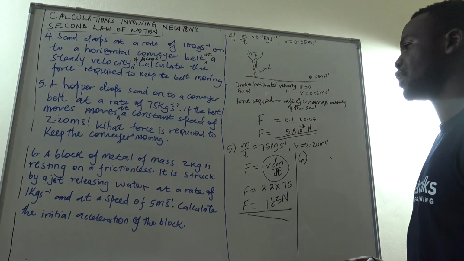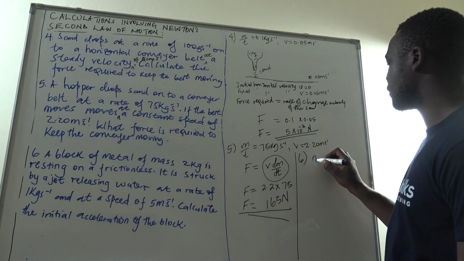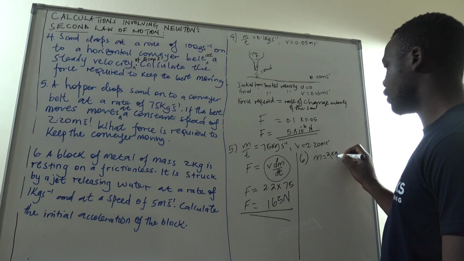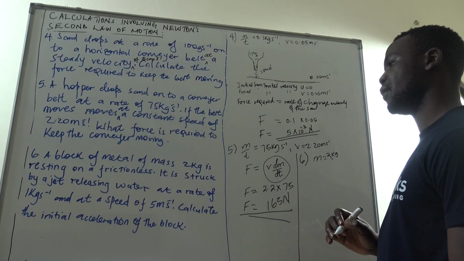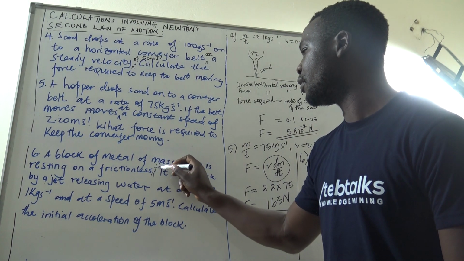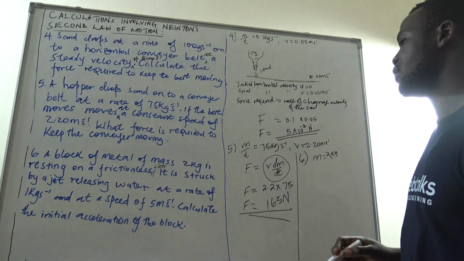Question 6 says that a block of metal of mass 2 kilograms is resting on a frictionless floor.